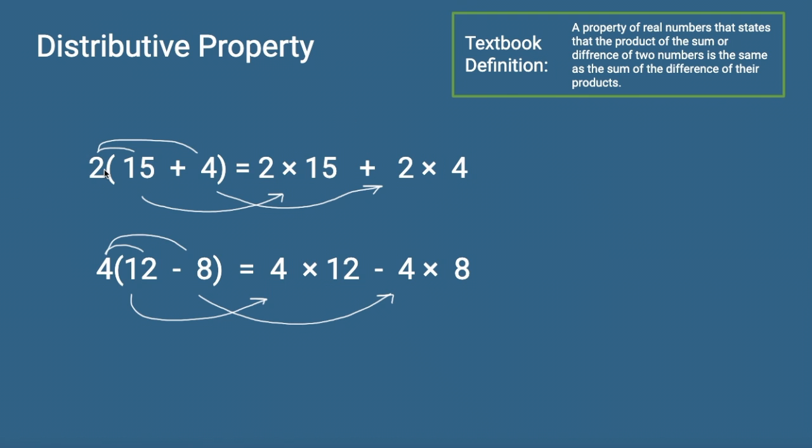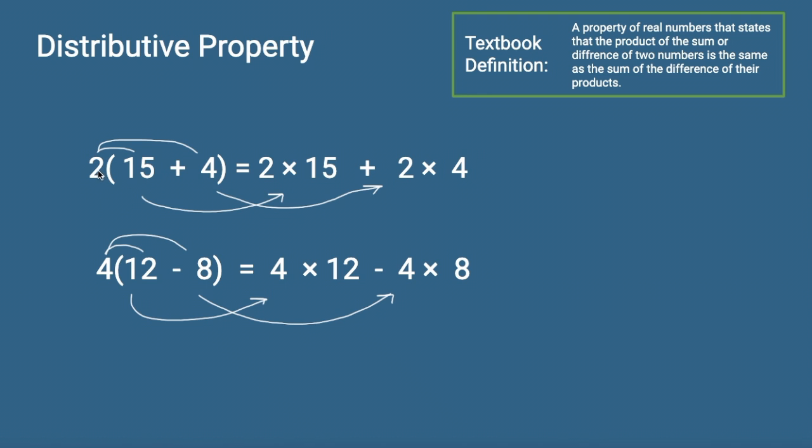To some it might be helpful, but basically we have 2, or a number, outside being multiplied by the parentheses with something inside. And what we do is, well, you could add these two inside, you would get 19, and then multiply it by 2 and get the answer.